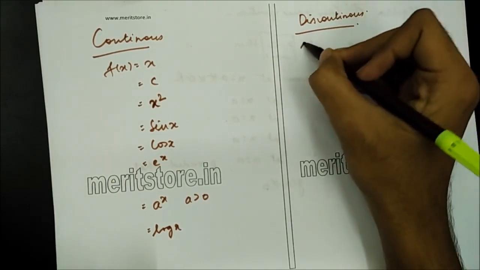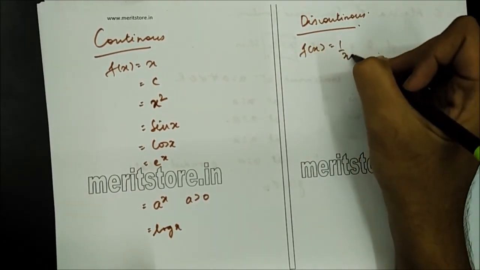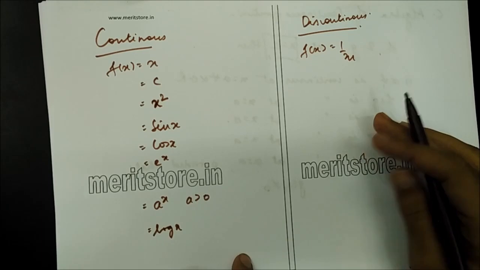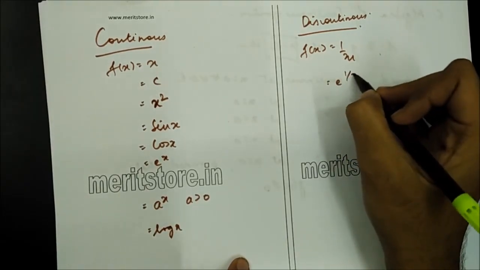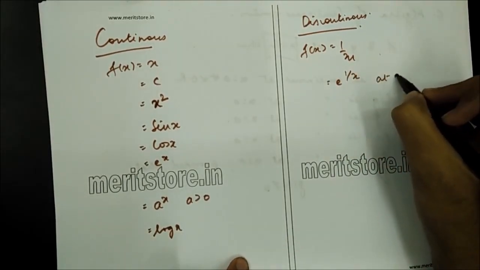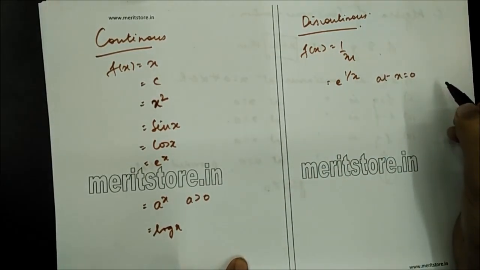and the discontinuous functions which have a break are f of x is equal to 1 by x, this is one discontinuous function. F of x is equal to e to the power 1 by x is discontinuous at x is equal to 0.